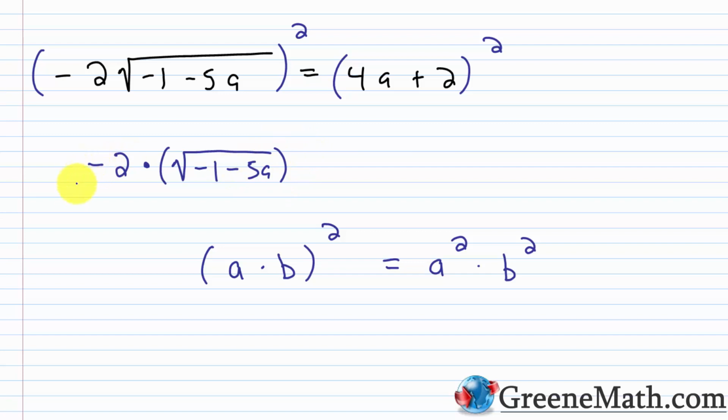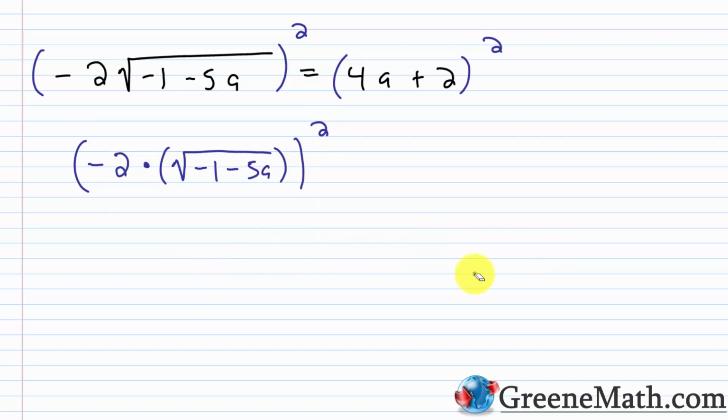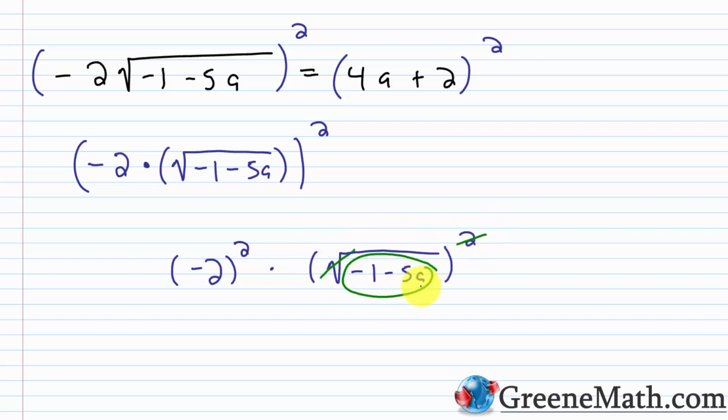So if I squared this, I would end up with what? Let me kind of erase this. Following that model, I'd have -2 squared times this square root of -1 minus 5a, that guy squared. Now, this will cancel with this and give me this.